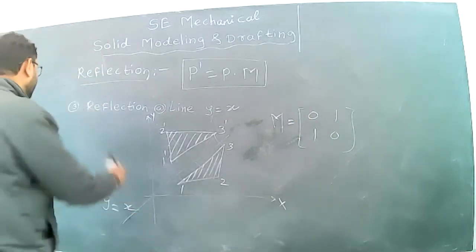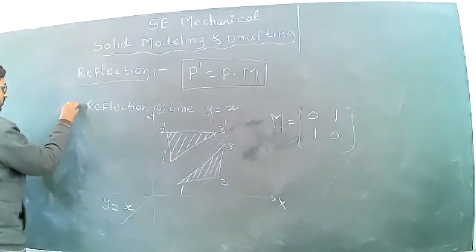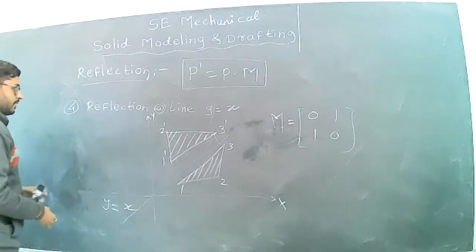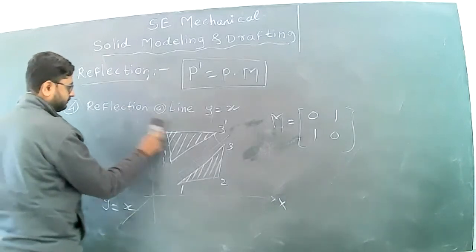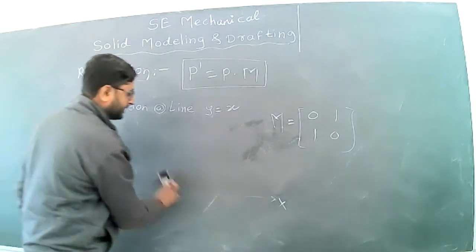Then next, the fourth condition is reflection about line y is equal to minus x.